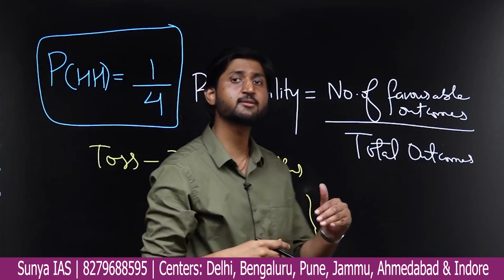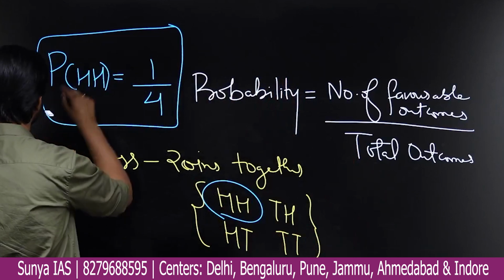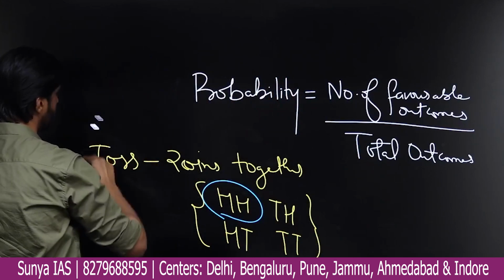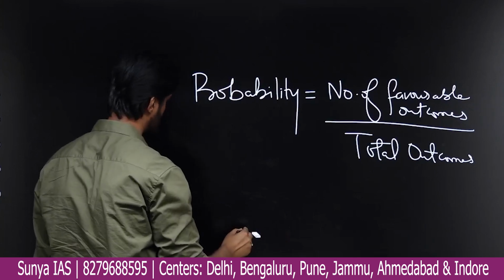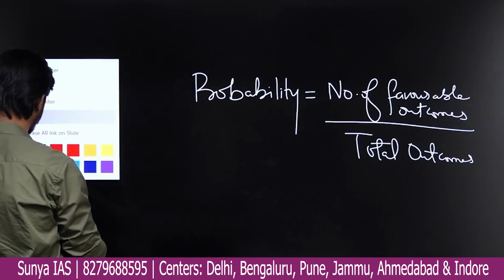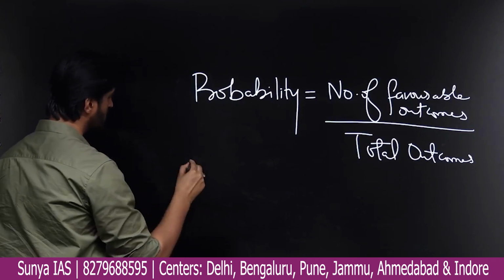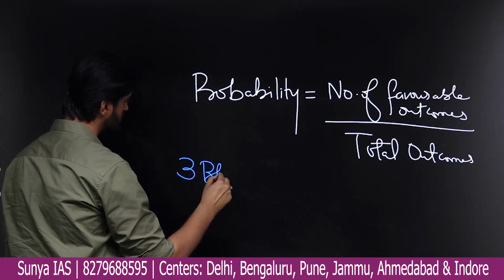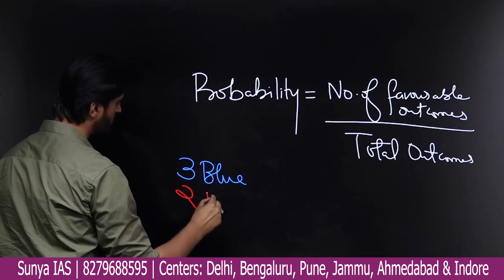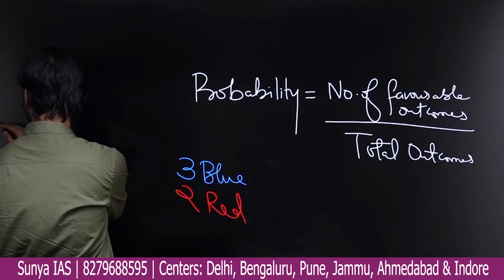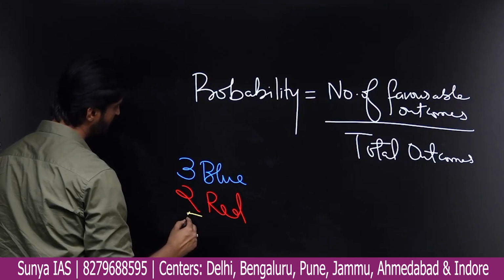Now let us take a similar idea. Suppose you have a basket in which there are 3 blue balls, then you have 2 red balls, and finally you have 5 yellow balls.